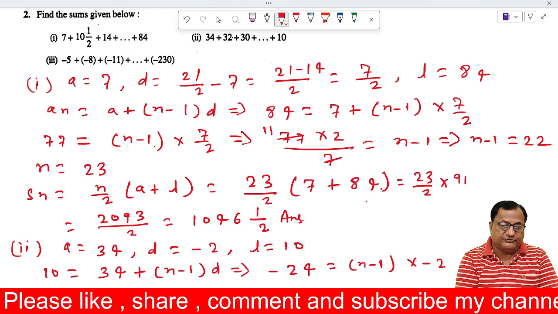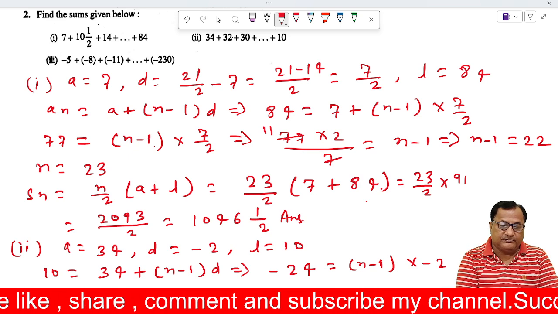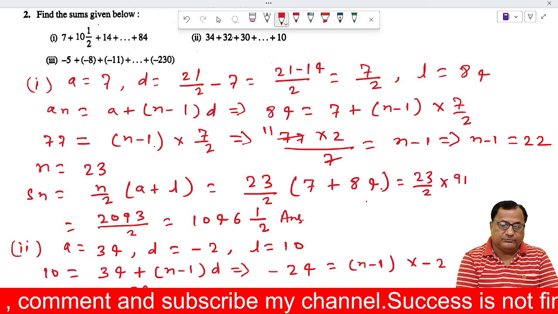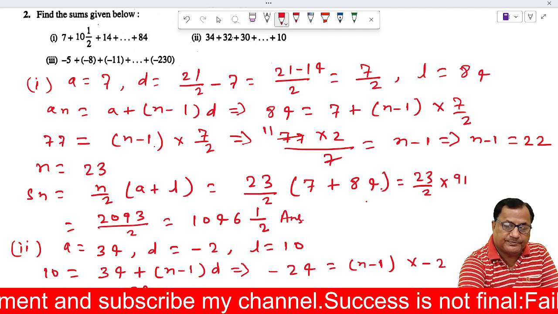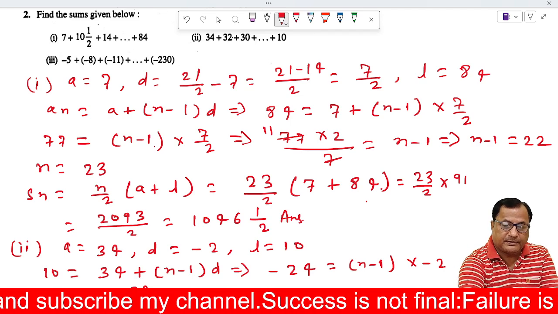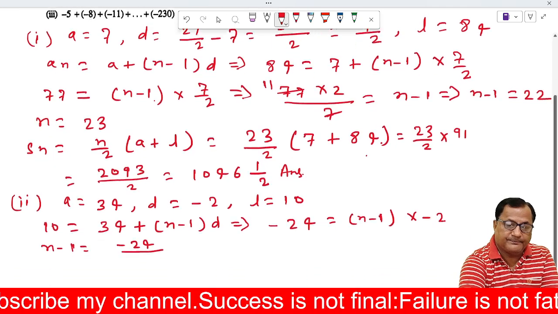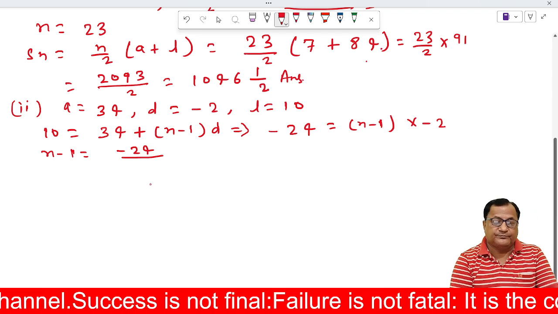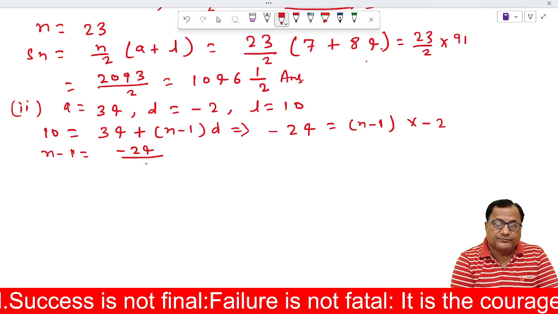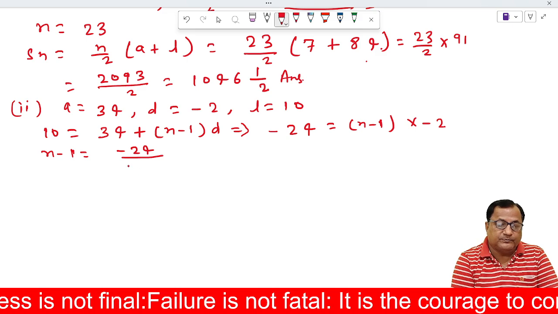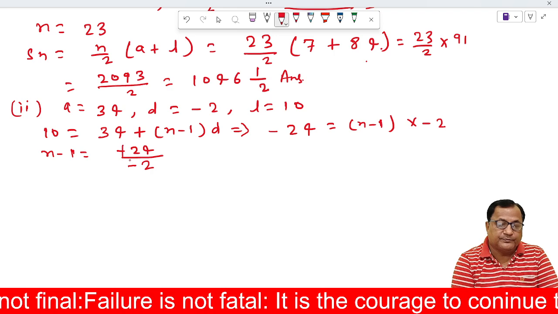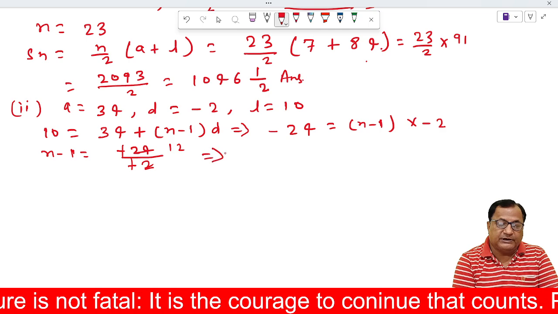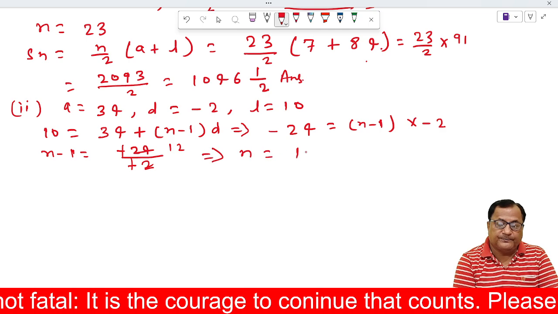N minus 1 is equal to minus 24 by minus 2, which is 12. This is 12, so N is equal to 13.